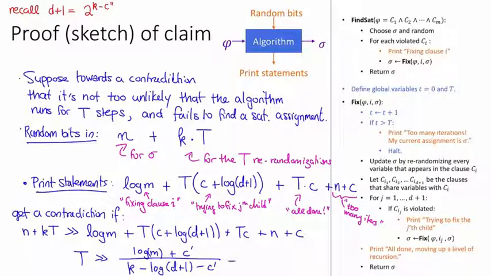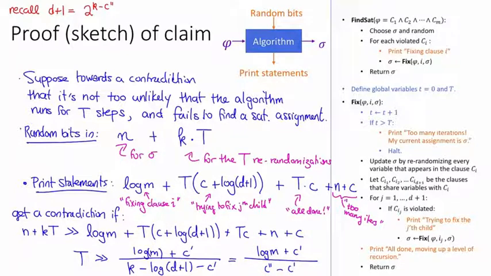And so that means that this whole thing is equal to log m plus c prime divided by k minus c prime, that's just c prime prime, minus c prime. Ugh, lots of primes. The point here is that as long as we choose c prime prime, which was I think just c in the original statement of the theorem, to be larger than whatever constant this turns out to be, we get a contradiction as long as t is larger than or equal to log m or so.